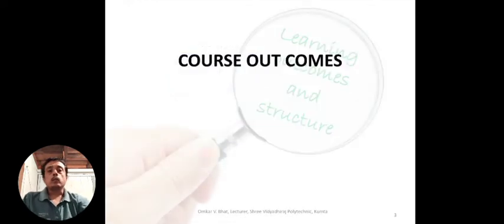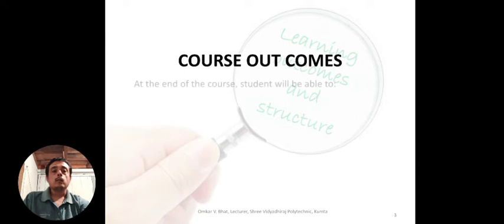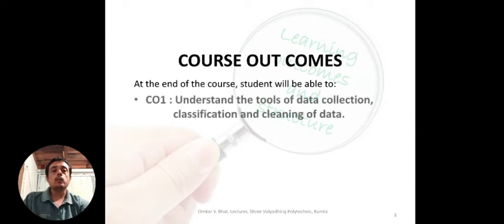Then course outcomes. So at the end of this particular subject you'll be able to understand these things. So totally there are 4 COs, course outcomes. CO1, understand the tools of data collection, classification of data and cleaning of data.